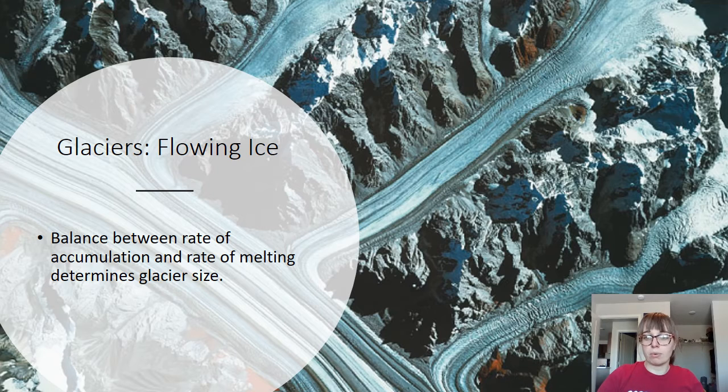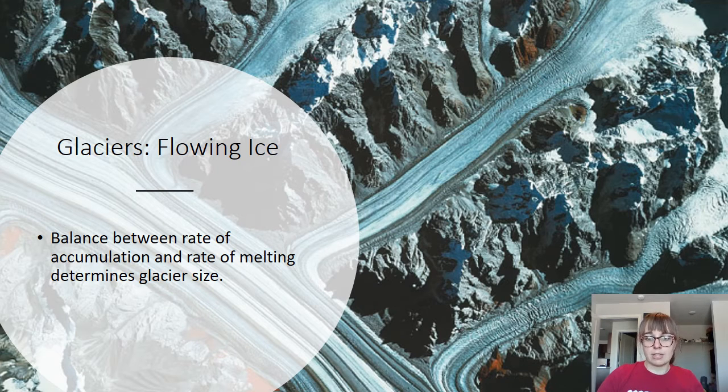But since they are flowing downhill, there has to be some balance between the rate of accumulation, so how fast you're adding ice onto the glacier, and how fast the ice at the bottom of the hill, where it's a little warmer, is melting. So the balance between the rate of accumulation, or how much ice you're adding to your glacier, and the rate of melting, or how much ice you're losing from your glacier, determines the size of the glacier.